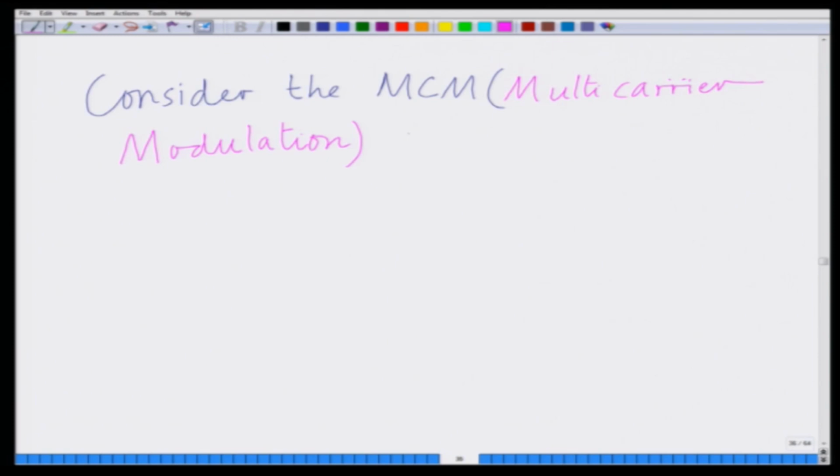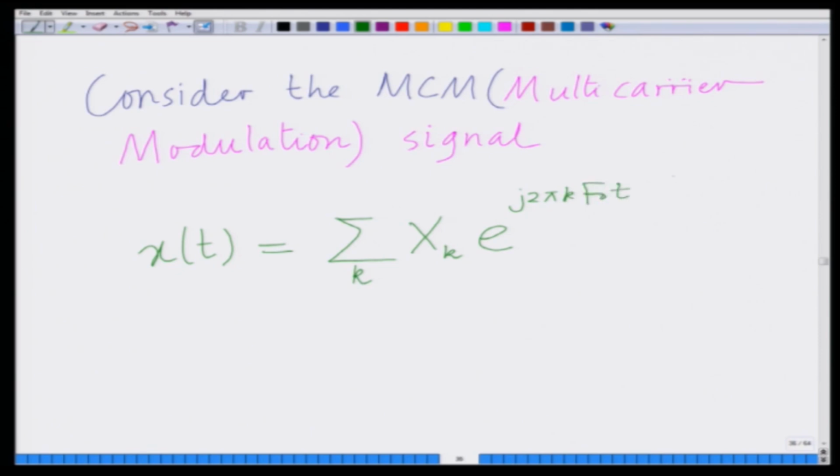So, consider the MCM signal. So, I have the MCM signal which is x(t) equals summation over k of X_k e to the power of j 2 pi k f naught t.